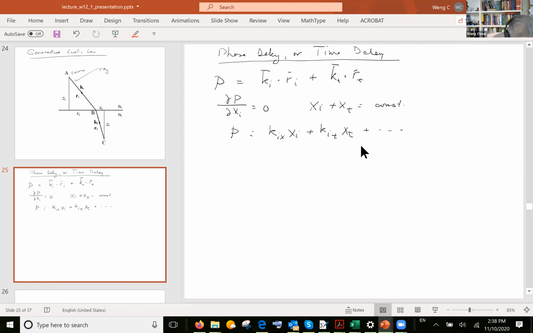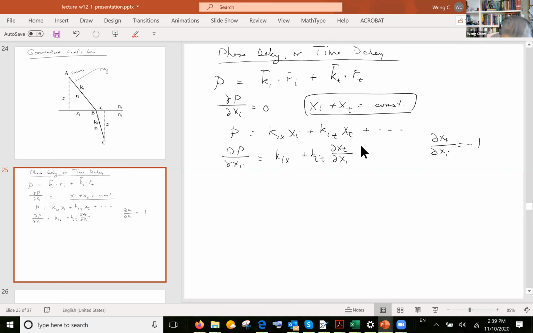So if I differentiate with respect to xi, I will get kix plus ktx dxt/dxi. But dxt/dxi is equal to -1, from this relationship. So this has to be 0 according to Fermat's principle.